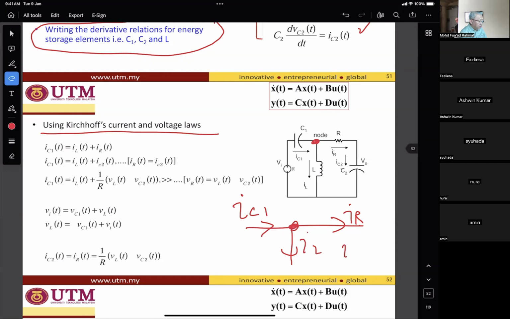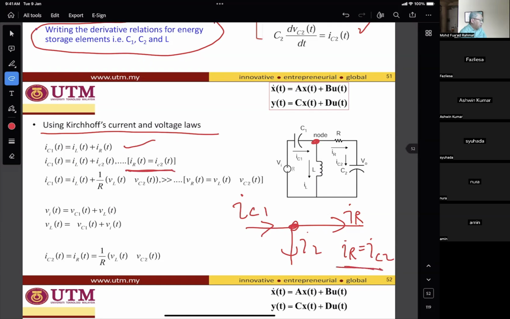But IR is equal to IC2, because it's in the same loop, R and C2. So write the Kirchhoff current law here, and IC1 is equal to IL plus IC2, as mentioned here.